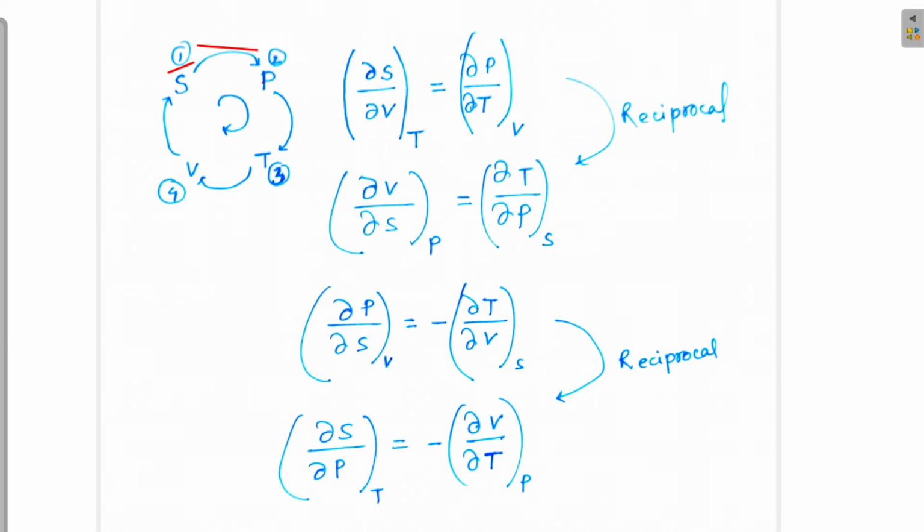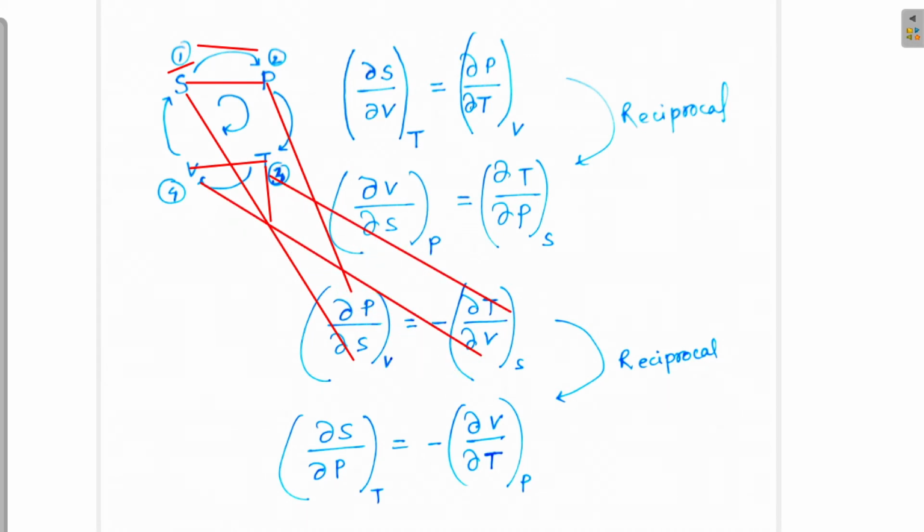For this I will take the pairs like this: P with S and T with V. Then I will take the partial derivatives like this: del P over del S is equal to del T over del V, like this.